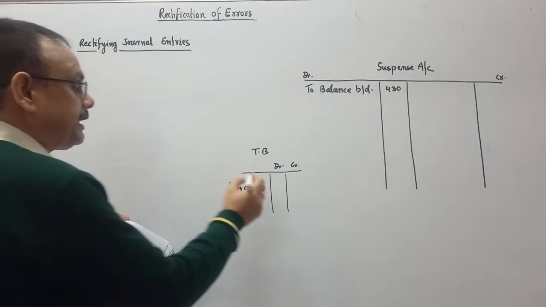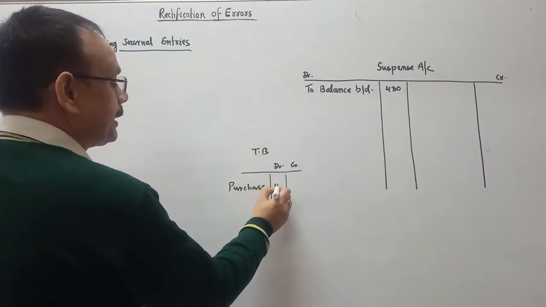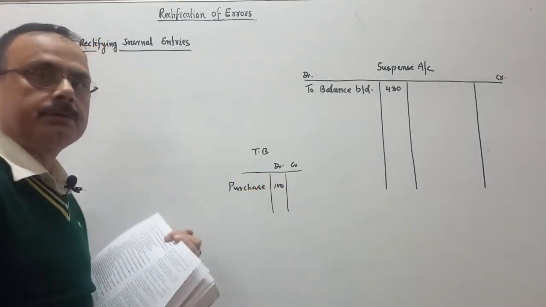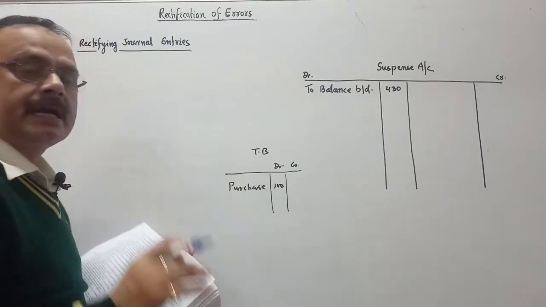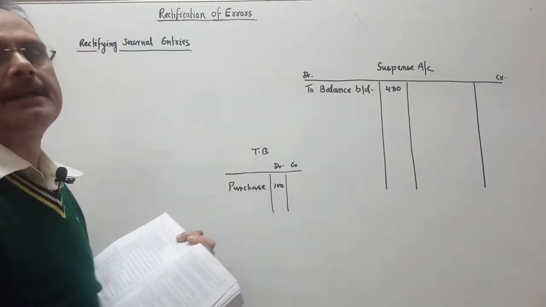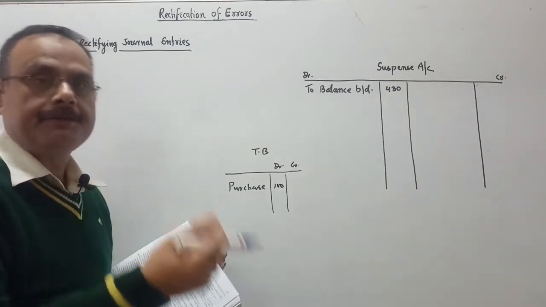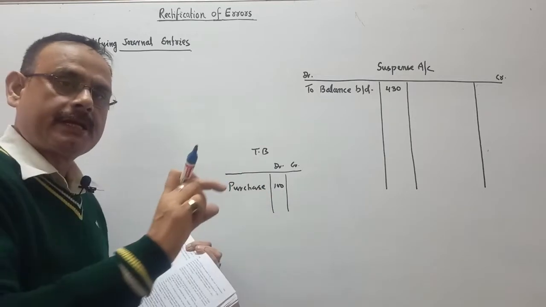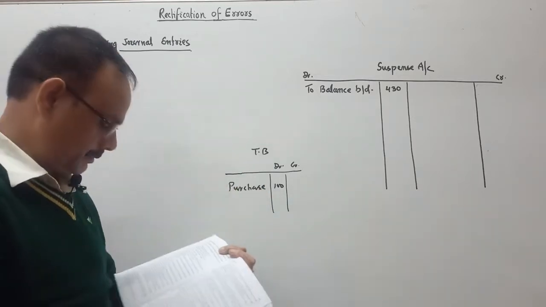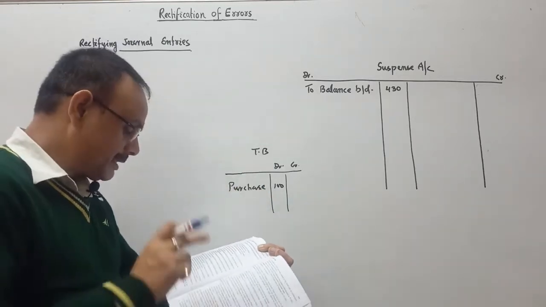And the purchase book was overcast. It means in the debit side we have written 100 rupees more. 100 rupees excess we have written in the debit side of the trial balance, because the purchase book total is transferred to purchase account.